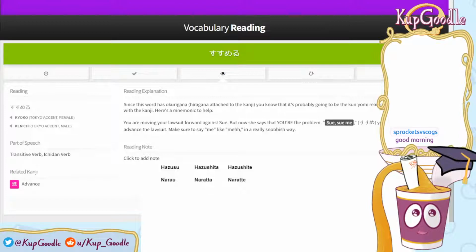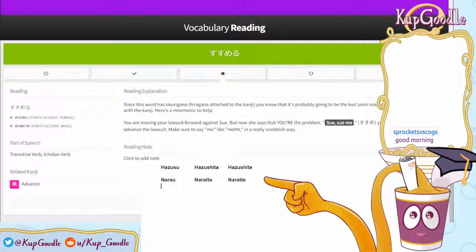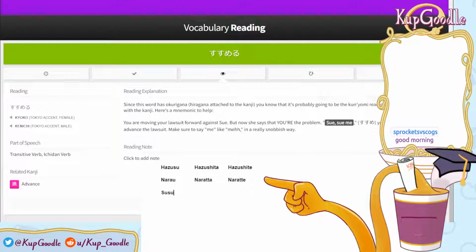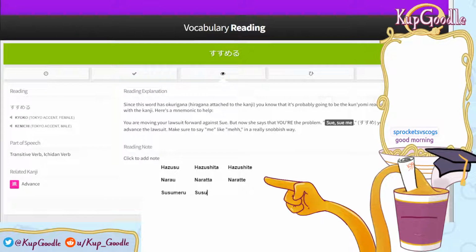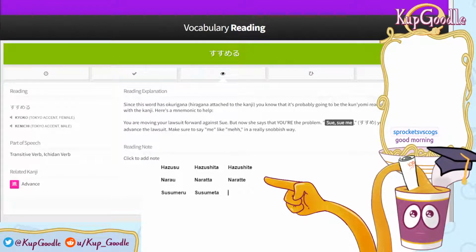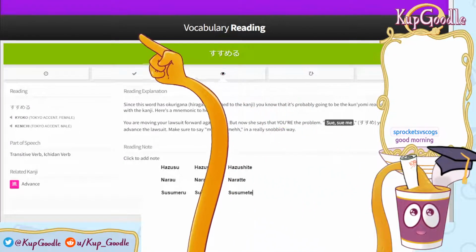That's an ichidan. So that just drops the ru. And keeps it simple. Susumeru is to progress, advance. Susumeta is progressed or advanced. To have progressed or advanced. And then susumete is progressing, advancing.